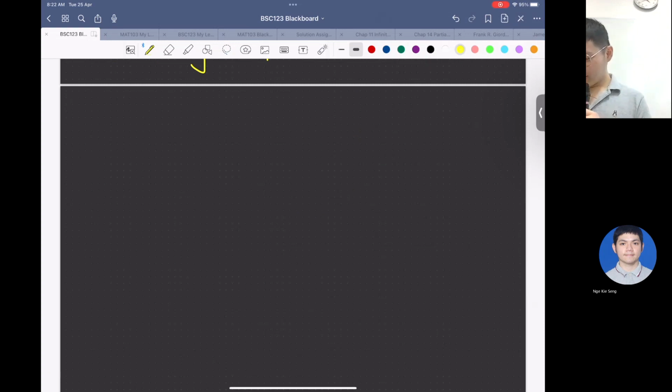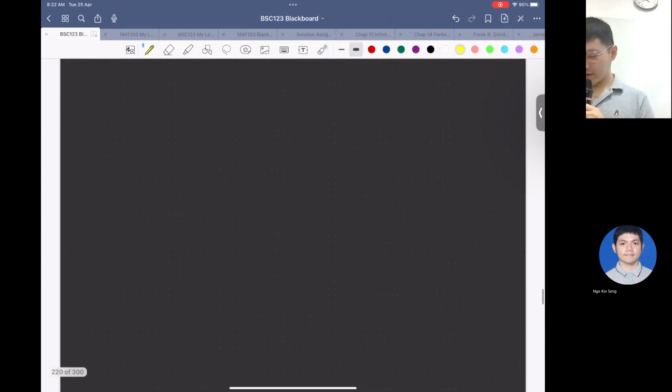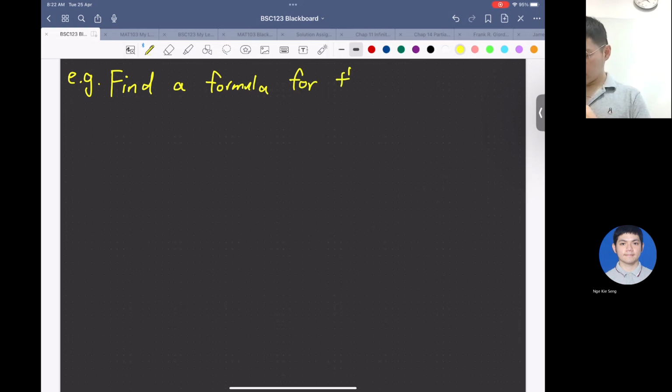Okay, so before we start, let's try to do one exercise first. Try to find the general term of the following sequence.